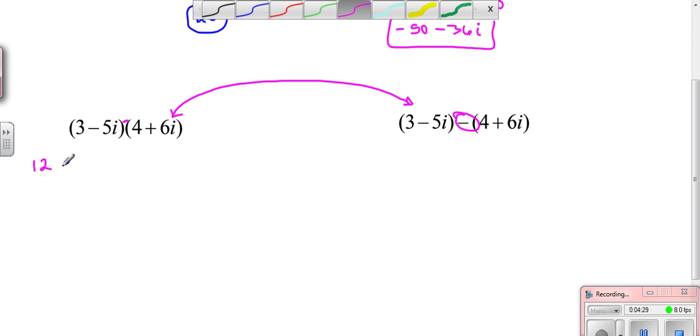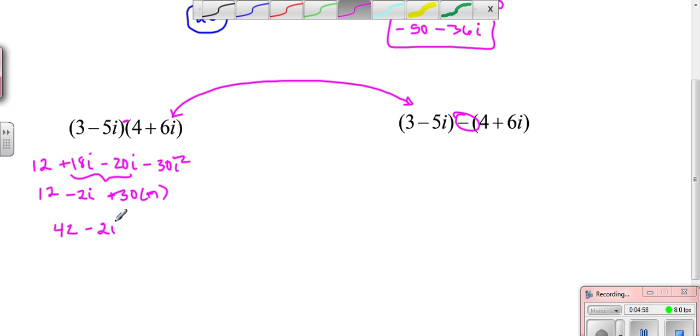I have 12 first term plus 18i outside term minus 20i inside term minus 30i squared. 12, combine these two, minus 2i, minus 30 times minus 1. Well, that becomes positive 30. 30 plus 12 is 42 minus 2i. And that's your final answer there.